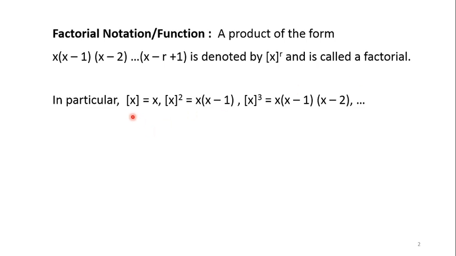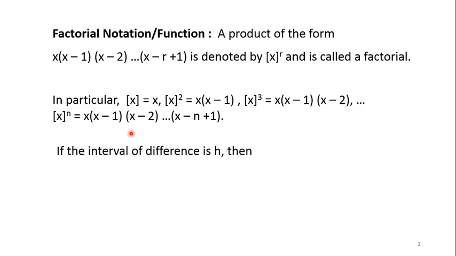For first order, the value of the factorial function is x. For second order, you have two factors, x into x minus 1. Similarly, for third order you have three factors, and so on. For nth order, you have n factors.